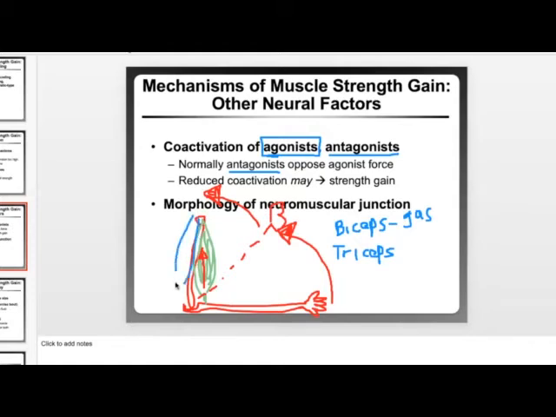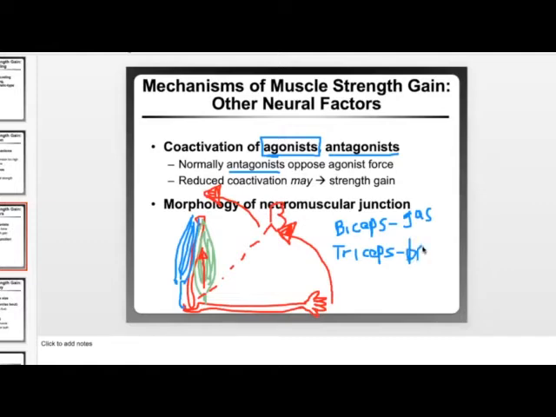So my tricep is attached to here, right? And then as the bicep fires in this direction and creates the gas pedal, eventually the triceps are going to fire in the opposite direction, and they're going to make it so that this limb slows down. They're going to be the brake pedal.